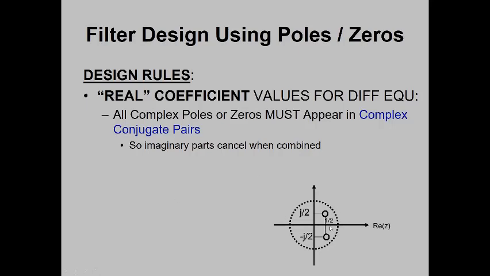So if I have one complex zero or pole, I have to have its conjugate in the same position, just with a negative j, the opposite j value, or the opposite angle, a negative angle.